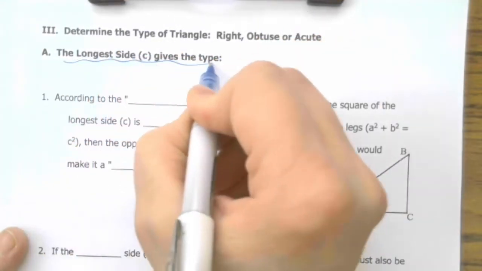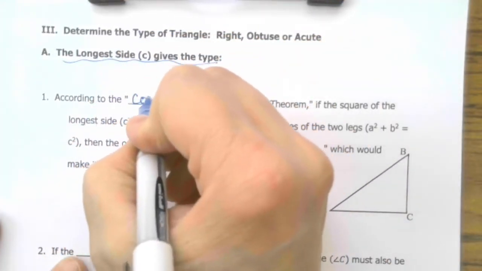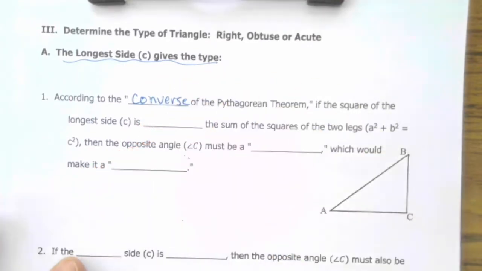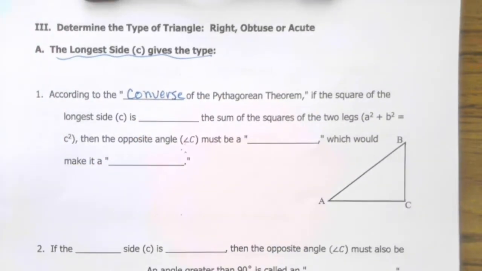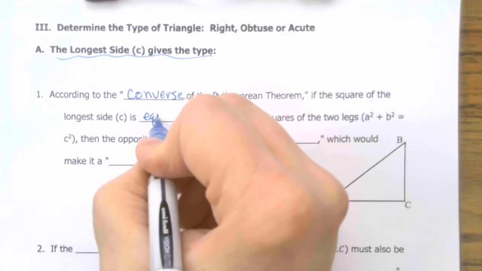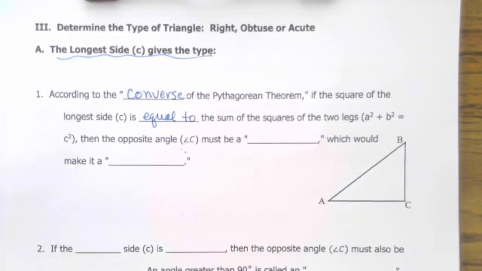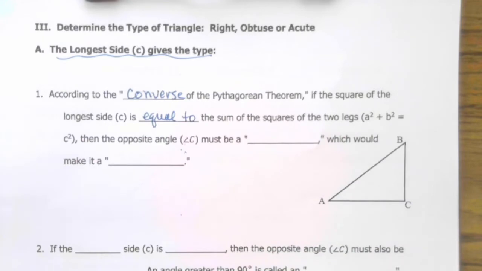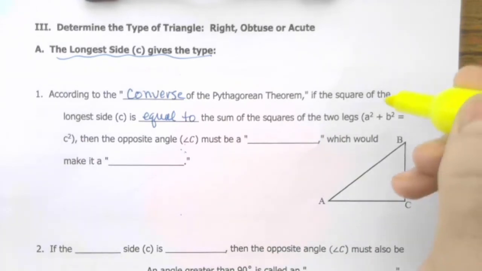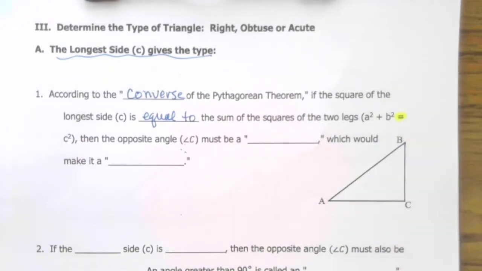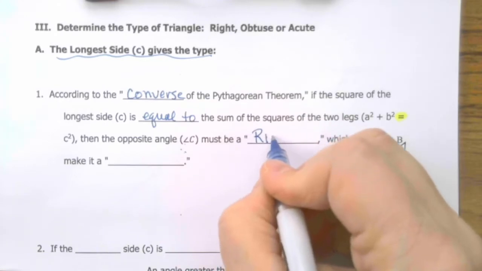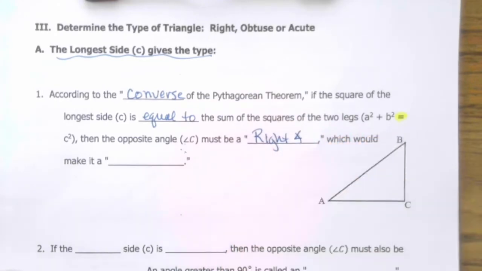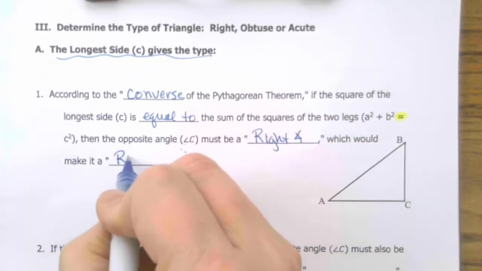So, according to the converse of the Pythagorean theorem, if the square of the longest side is equal to the sum of the squares of the two legs, a squared plus b squared equals c squared, and it's really important in here you recognize this is an equal sign, then the angle opposite the longest side must be a right angle, which would make it a right triangle.